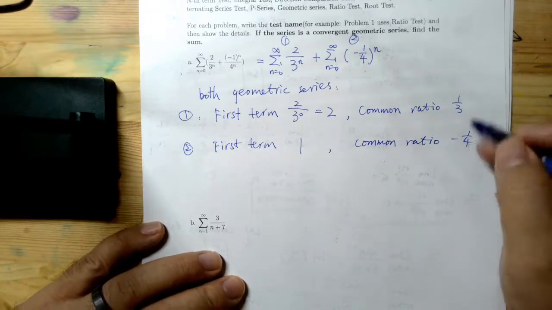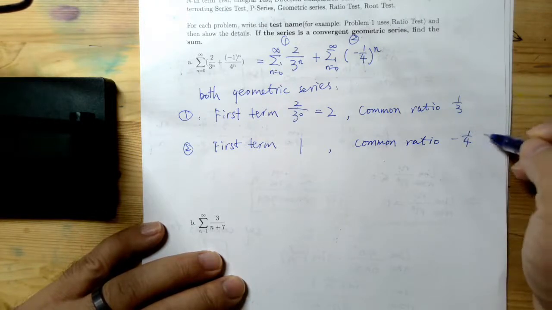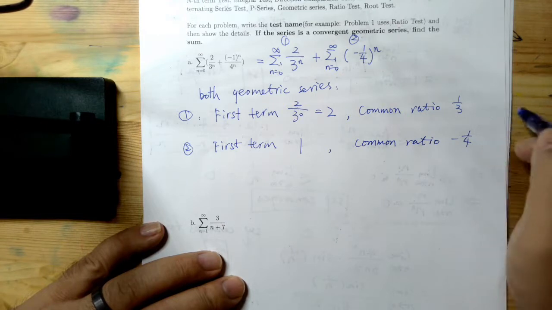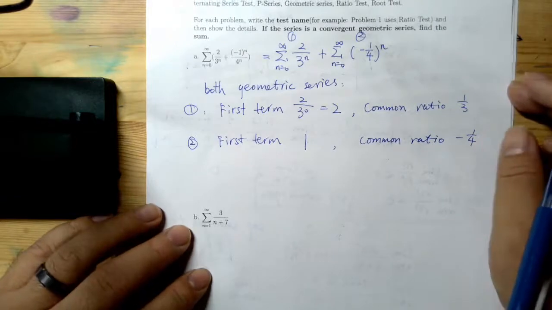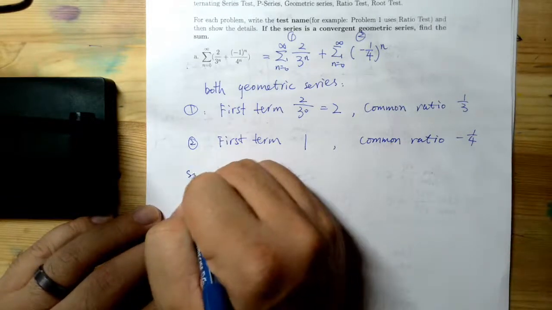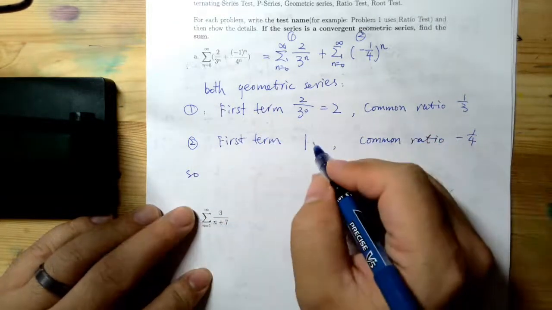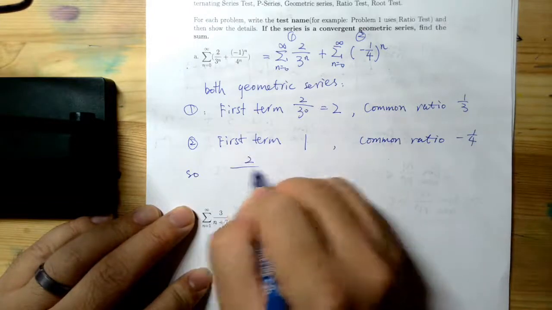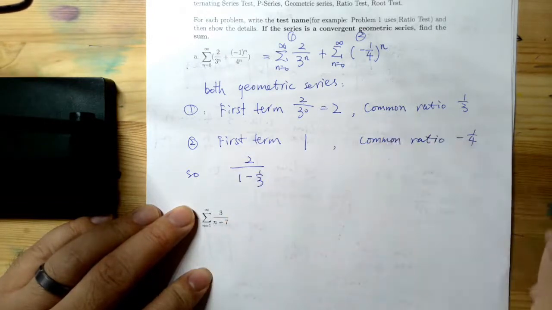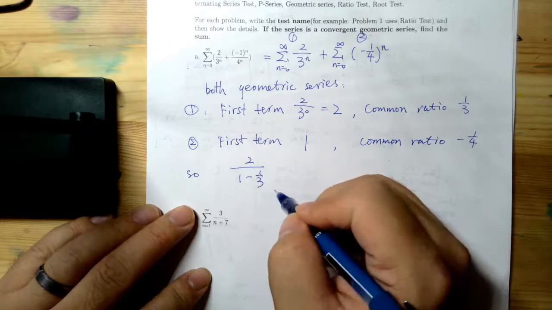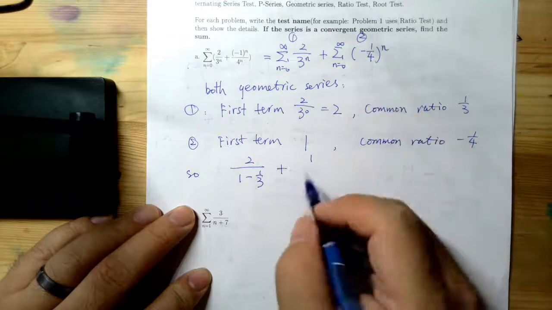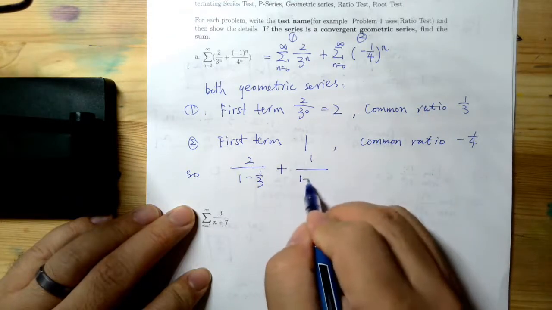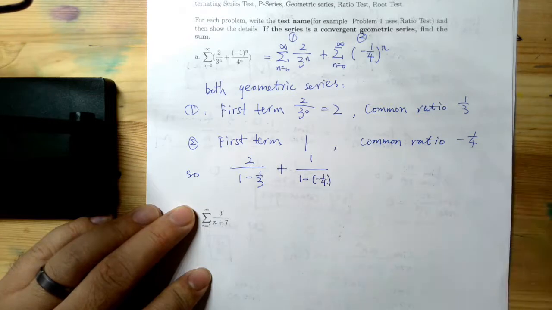So it turns out that the absolute value of both common ratios is less than 1, meaning both geometric series converge. The first series converges to 2 over 1 minus 1 over 3, that is, the first term over 1 minus the common ratio. Plus the sum of the second geometric series, 1 over 1 minus negative 1 over 4.